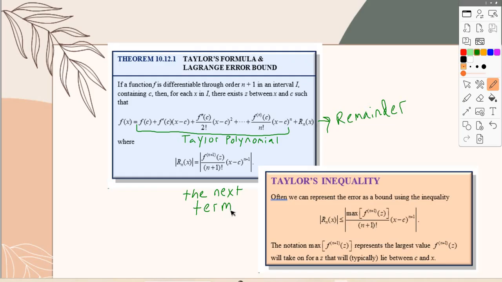And this is basically our Taylor polynomial expansion for the next term. So f to the n plus 1 is the n plus 1 derivative. N plus 1 factorial is just because I have factorials on the bottom, and then my x minus c to the n plus 1 power, again, is just from my Taylor polynomial.